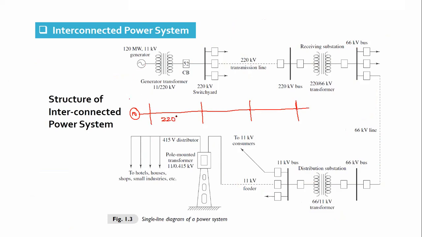This can be a 220 kV or 400 kV line, substation between A to B. So this is substation A, this is B, the receiving end, then substation C, and substation D, let's say. So here, substation A means it will be an arrangement of all this together.